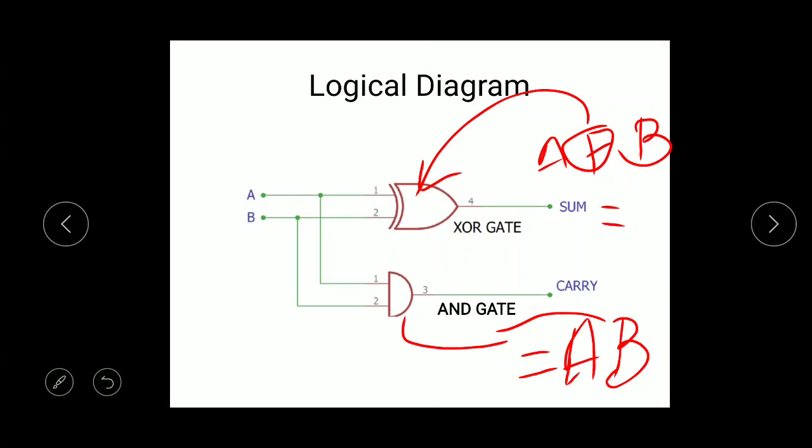So this is how, with the help of these Boolean expressions, the logical circuit can be drawn, and by using these gates we are able to add two binary numbers, and these are the basic circuits for the half adder. Okay, thank you.